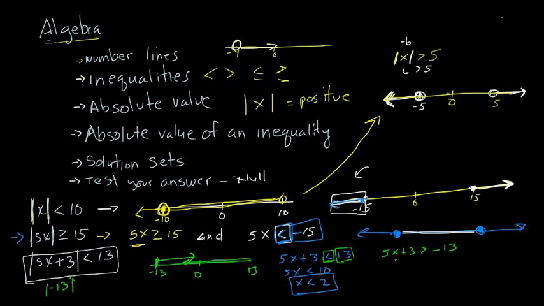And then we do the algebra. So that would be 5x, subtract 3 from both sides, so negative 3, and negative 13 is negative 16. All right, so then we divide each side by 5, and it's a positive 5, so we don't have to worry about flipping the sign.